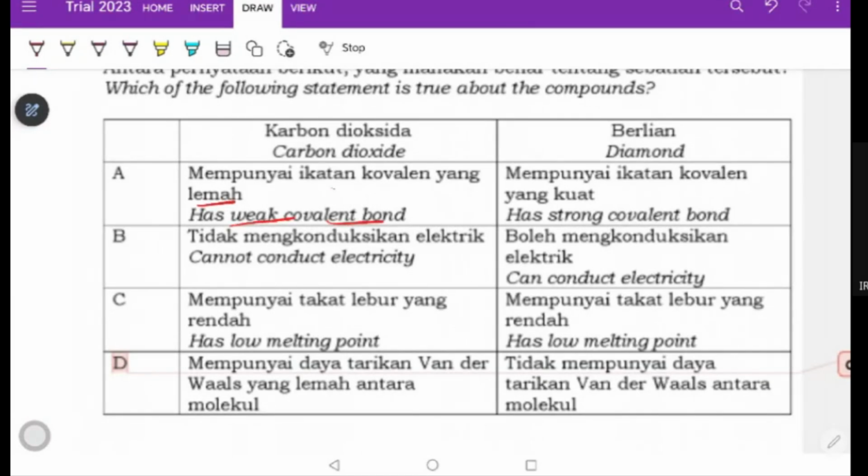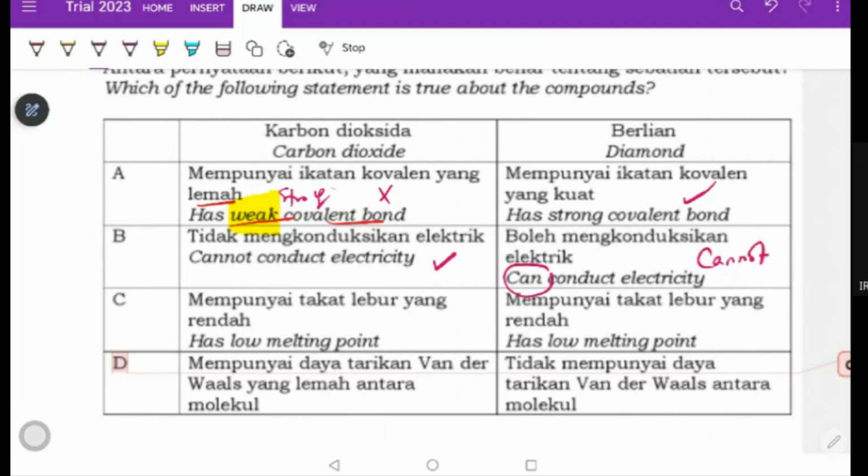Weak covalent bond? No, the covalent bond here should be strong, not weak. This one is also strong. So this one is wrong. Cannot conduct electricity, yes. This one also cannot.